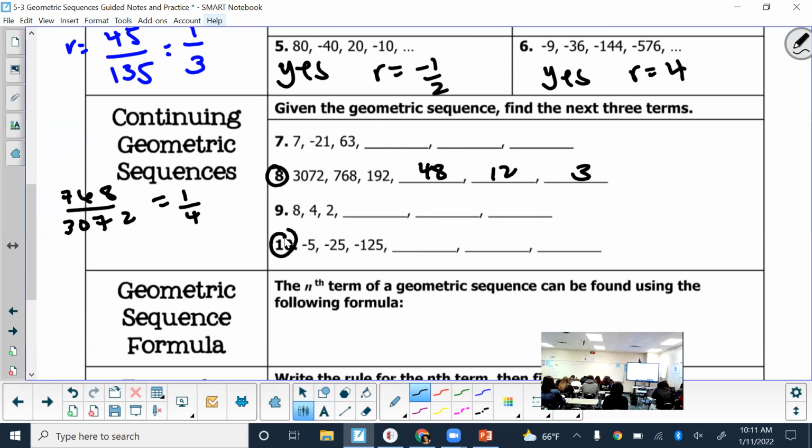What's the common ratio in number 10? So take one of the terms like -25 divided by its previous term, -5. What do I get? A +5. So to find the next term, I need to be multiplying each number by 5. So -125 times 5 is -625, good.